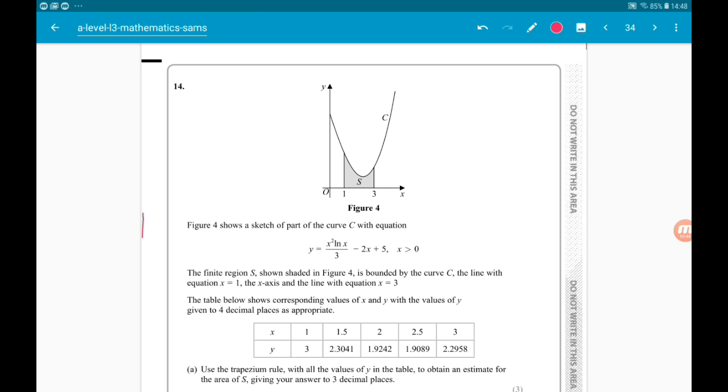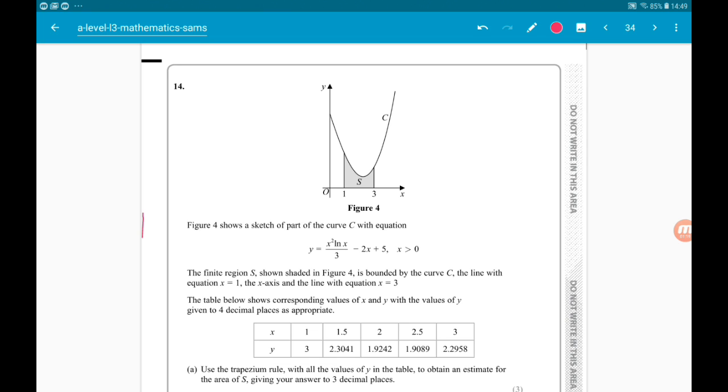The table below shows corresponding values of x and y, with the values of y given to 4 decimal places as appropriate. Part A wants us to use the Trapezium Rule with all the values of y in the table to obtain an estimate for the area of S, giving your answer to 3 decimal places.